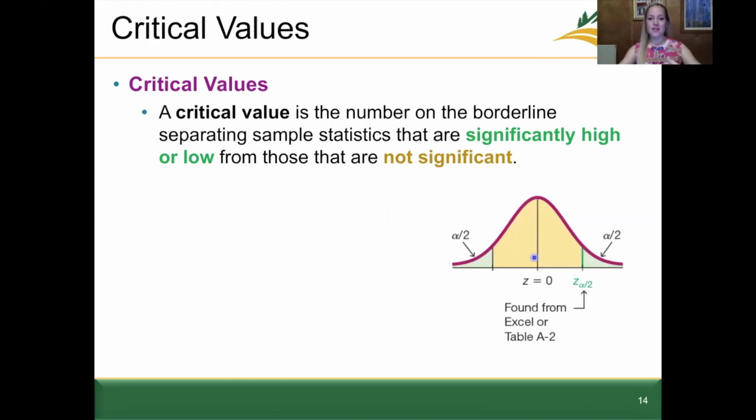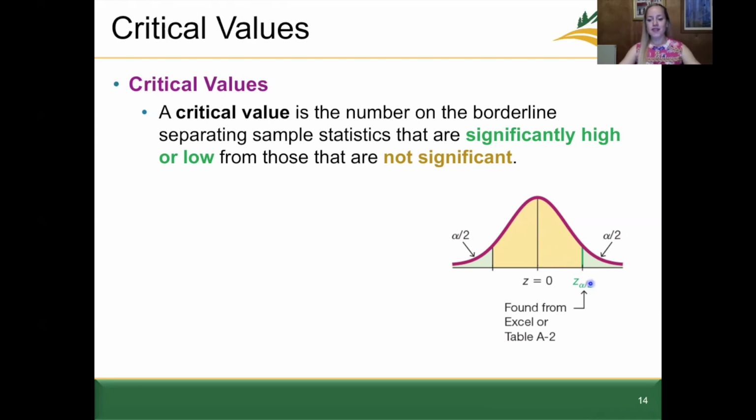To picture this, for example, we have a distribution, it's symmetric, it's bell-shaped. Locating our critical values here, it's the number on the borderline separating sample statistics that are significantly high over here or low from all of these in the middle that are not significant. Not significant then would be all these values here between these borderlines here.